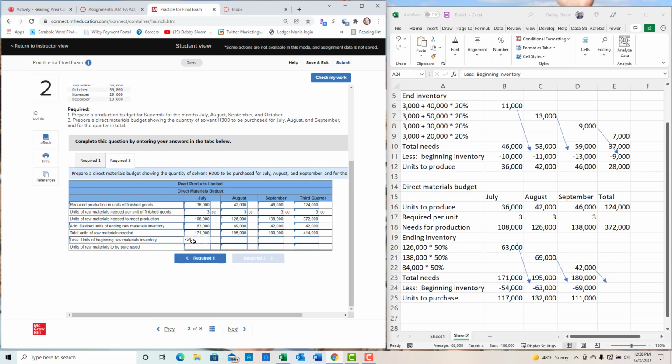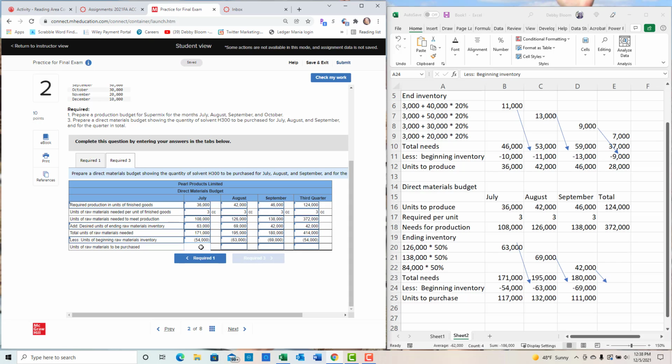So I'm going to subtract 54,000, 63,000, 69,000, and once again, for beginning and ending inventory, I don't add the 3. The beginning inventory for the third quarter is the beginning inventory for July, 54,000. The beginning inventory doesn't change whether it's for the month or the quarter or the year.